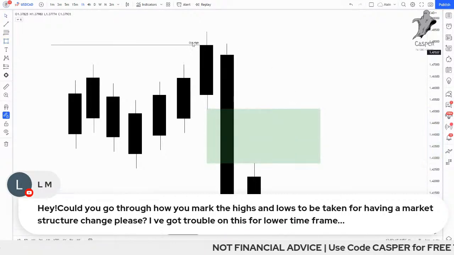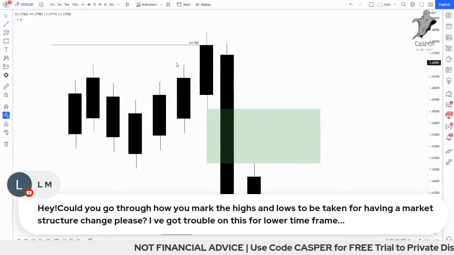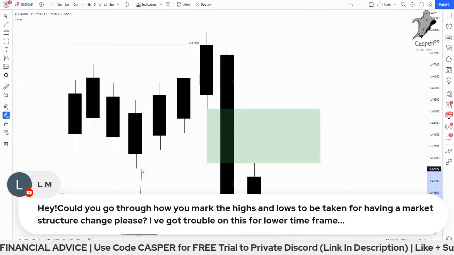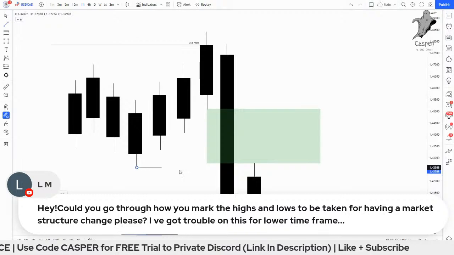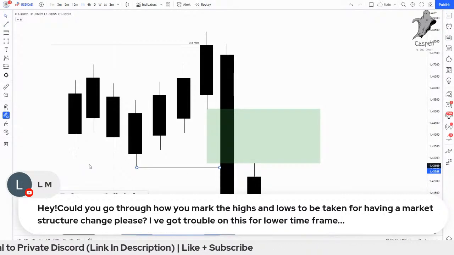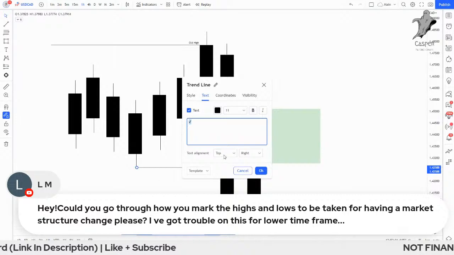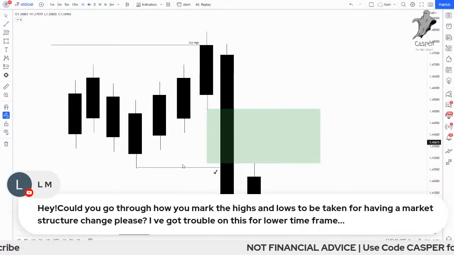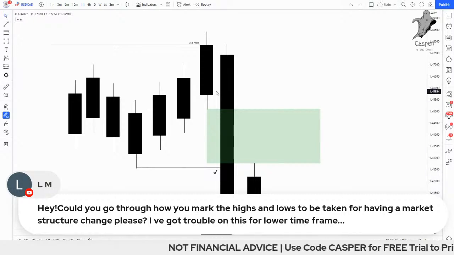You want to see price pushing into an old high. Then we have our displacement move to the downside. Just try to anchor that, like use the control key, like it was an actual candle. So you have that push down, taking that, and you leave a fair value gap.